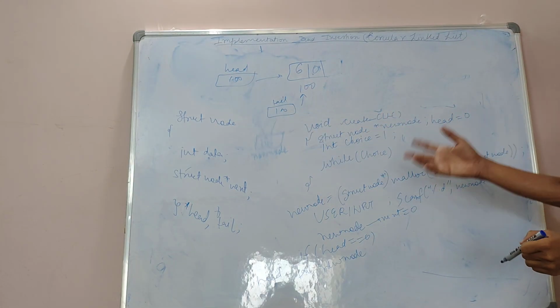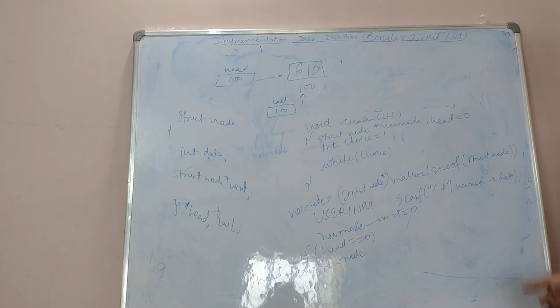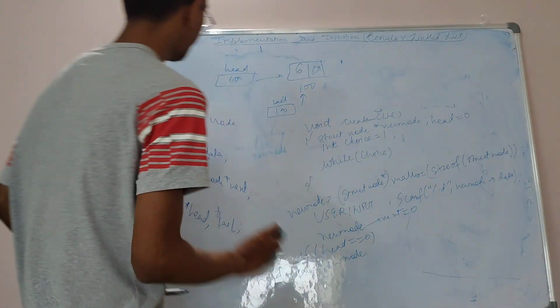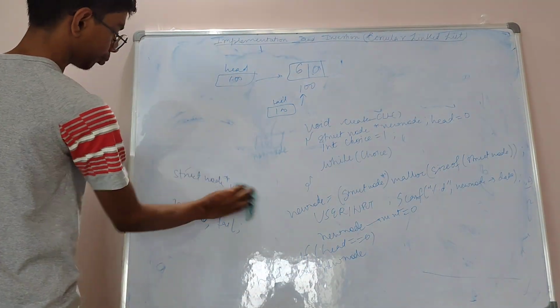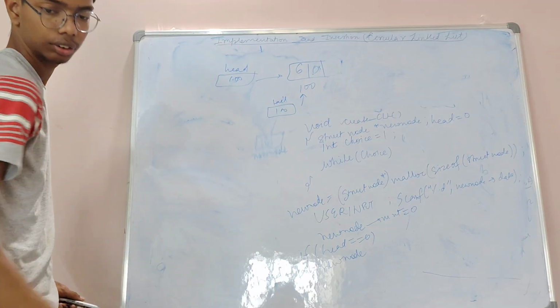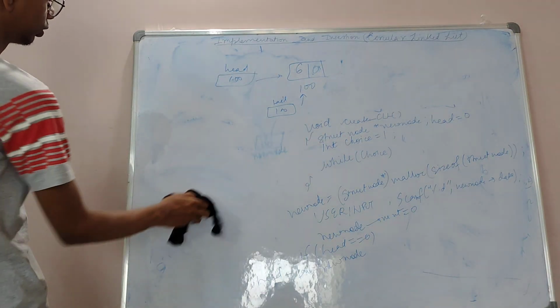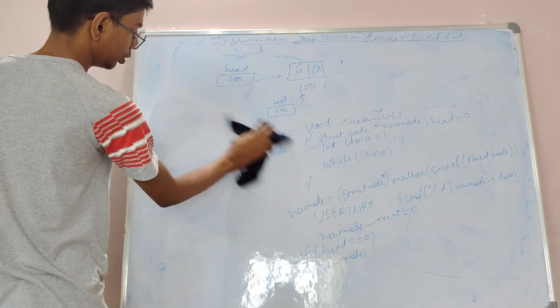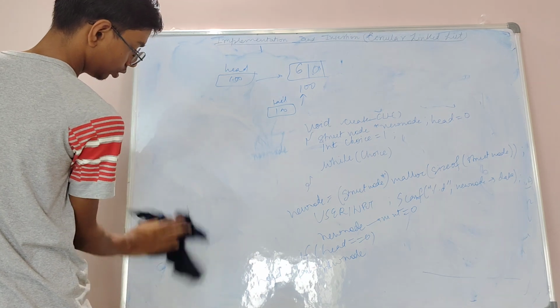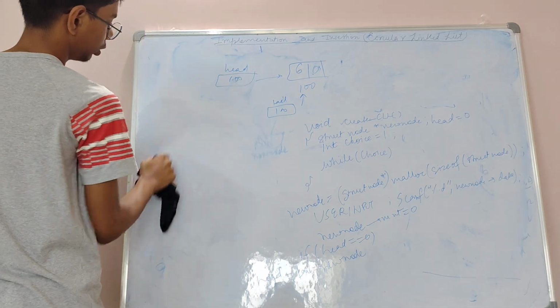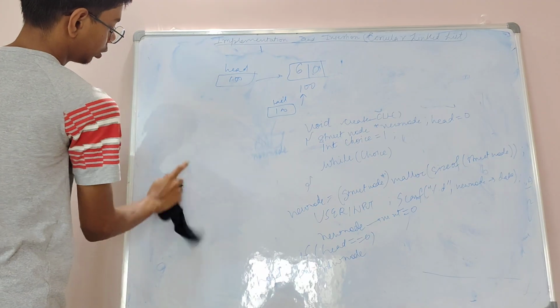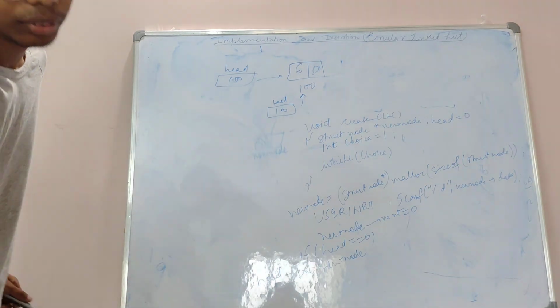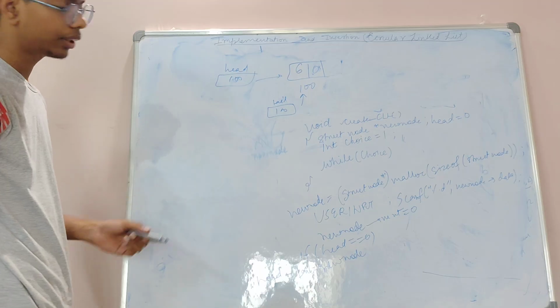And using tail I will create my more nodes, right? So now I am erasing this part. Right. So now I will write this part.